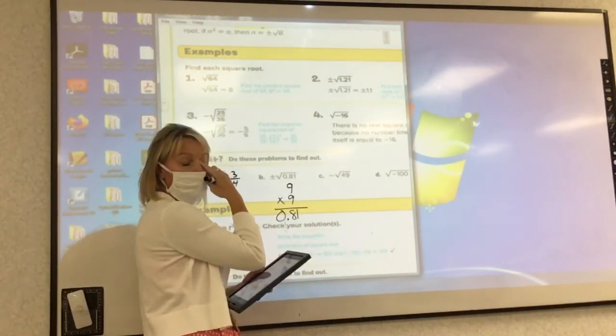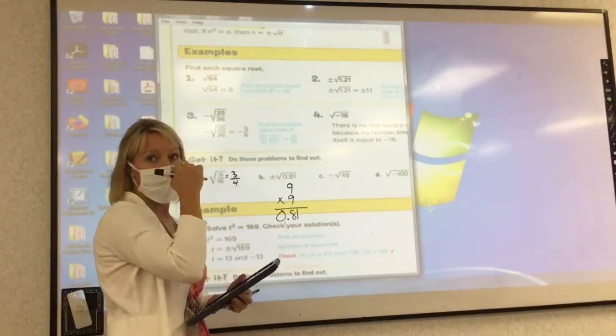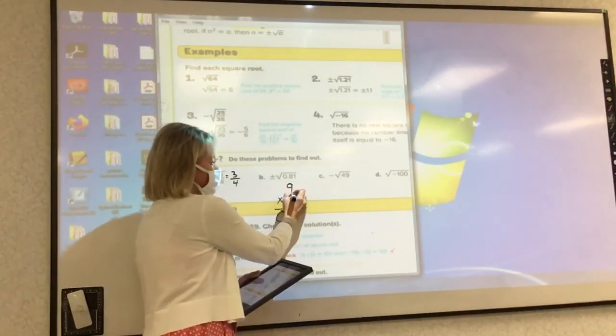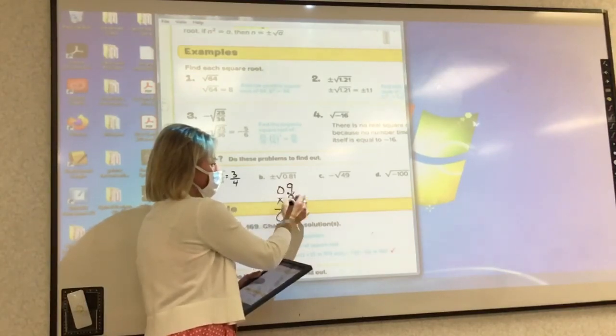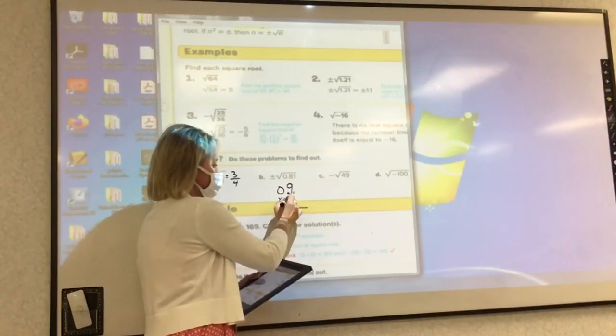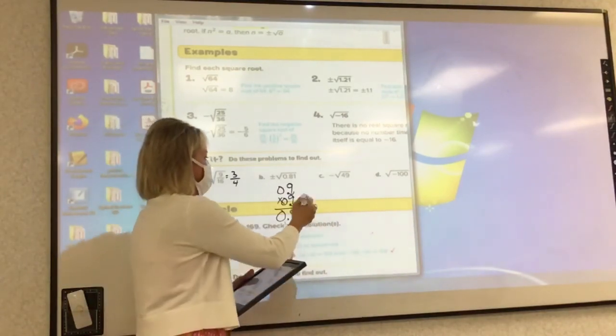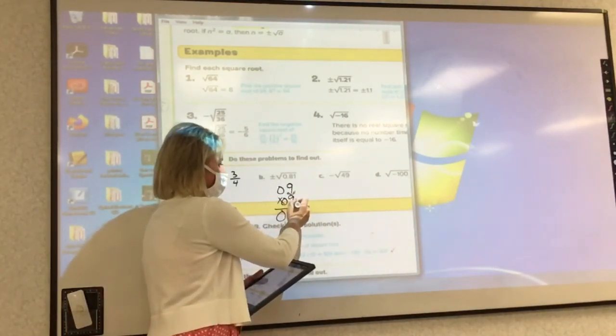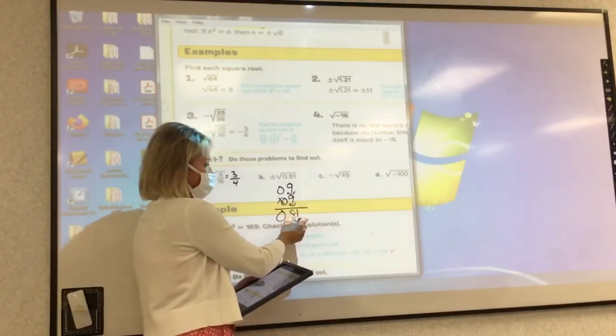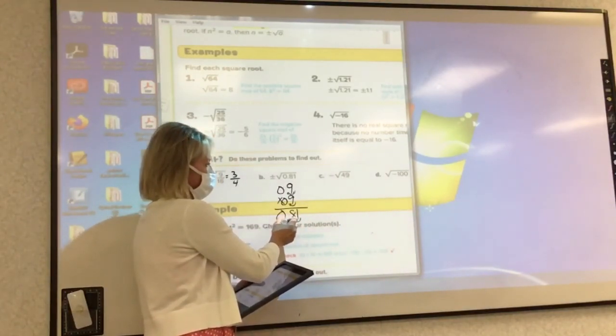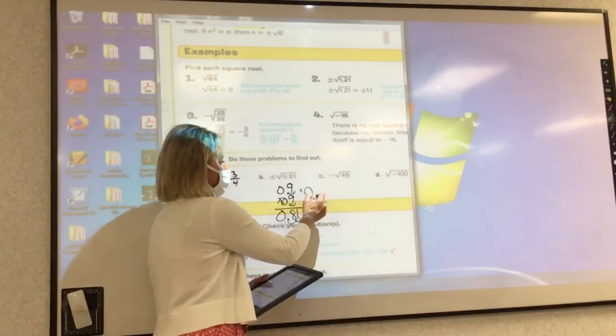So how many decimal places do we put in? 1. Over 1, so it's 0.9. Because then when I finish it, I go 1, 2 decimal places off to the right. So your answer is 0.9.